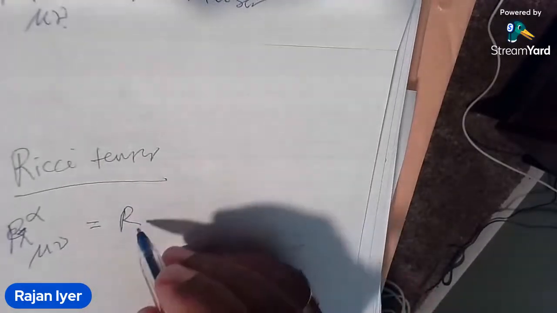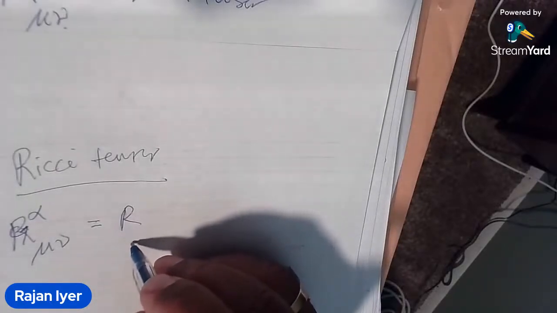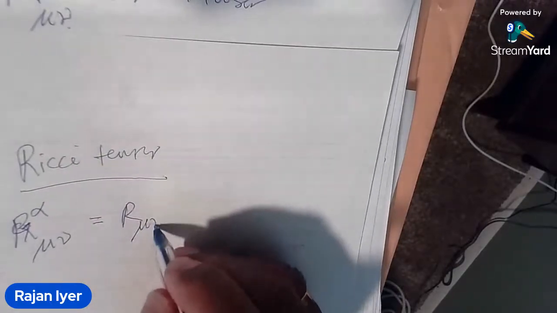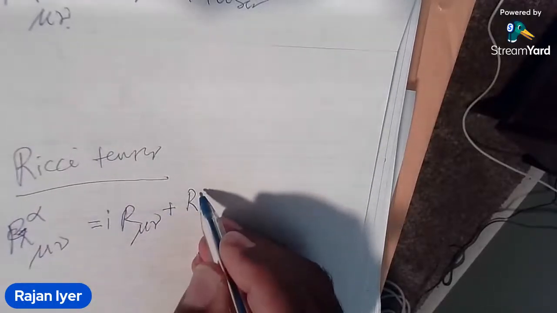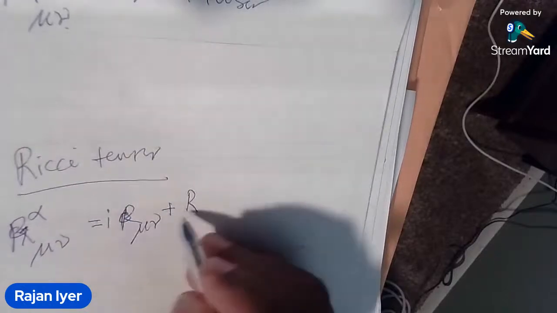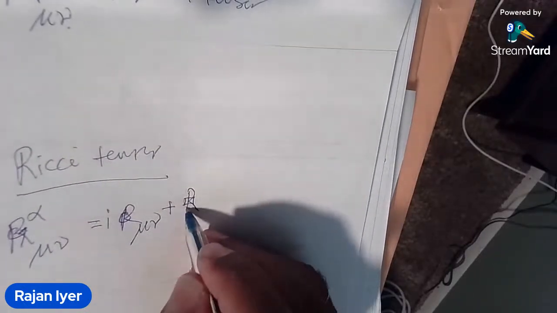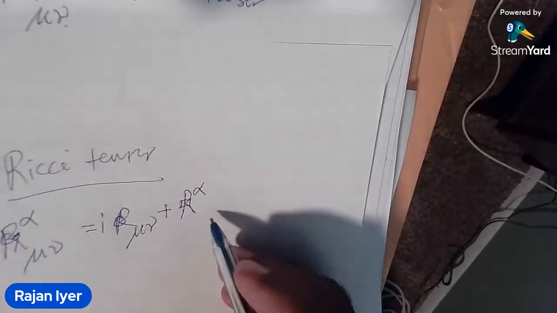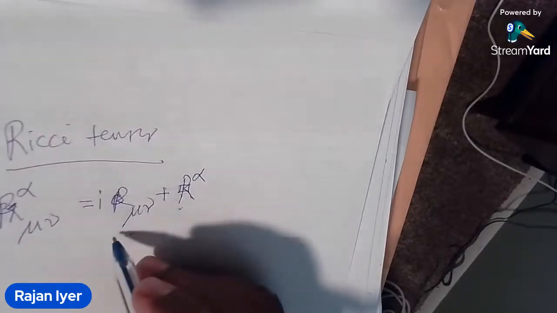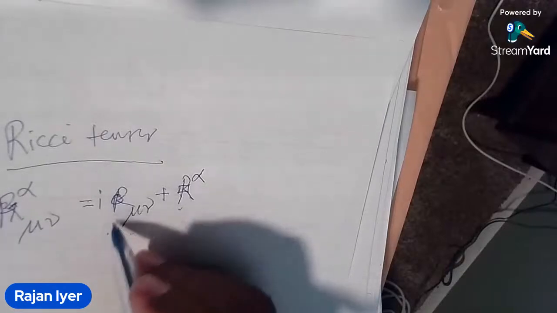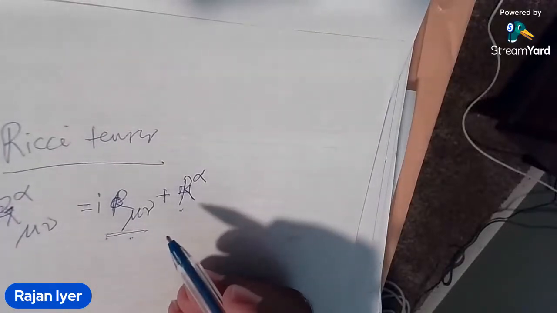And then I can split it up into R mu nu plus a scalar, R alpha. So this splitting is one of the key aspects of the Ricci tensor. As you know, in the Einstein equation, you have a scalar value as well as a vector value, the imaginary component.